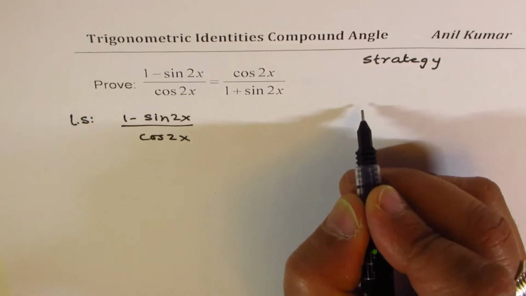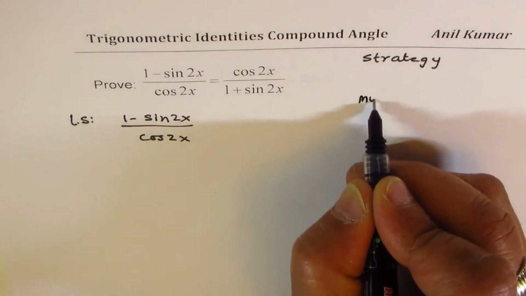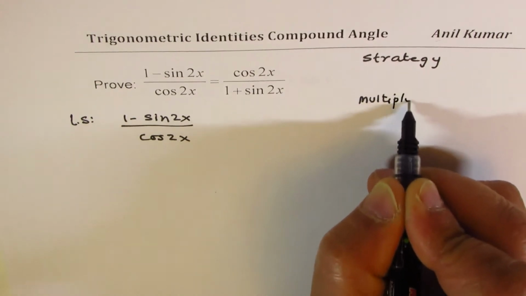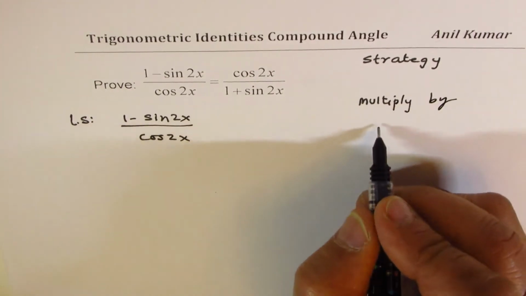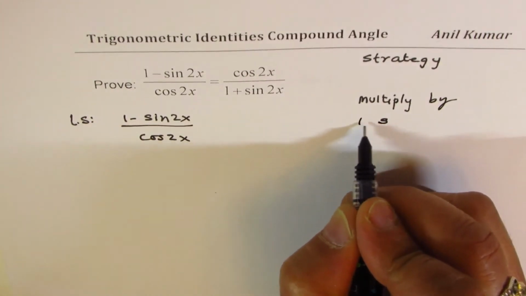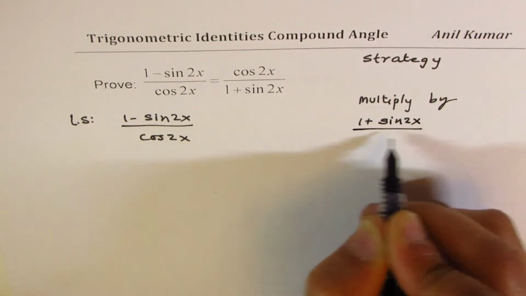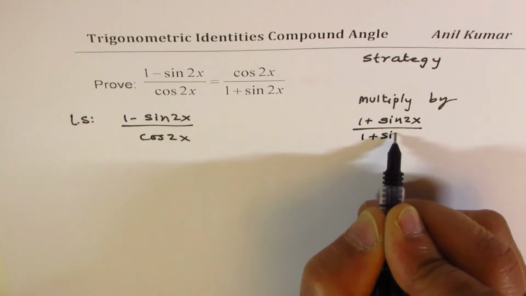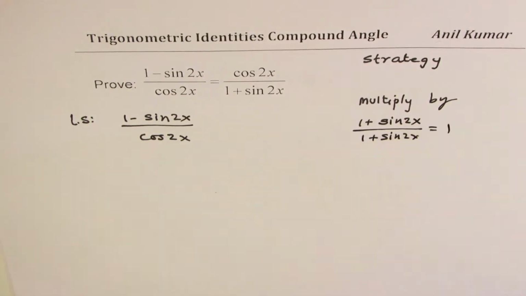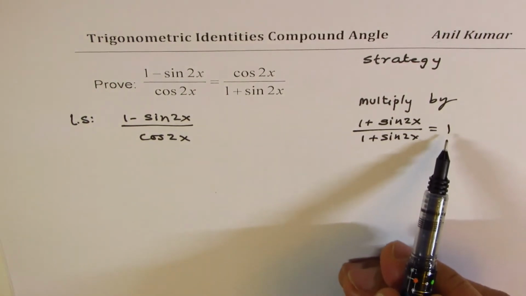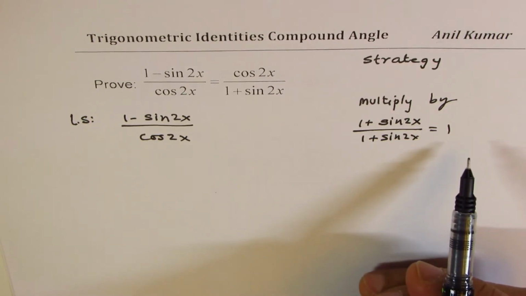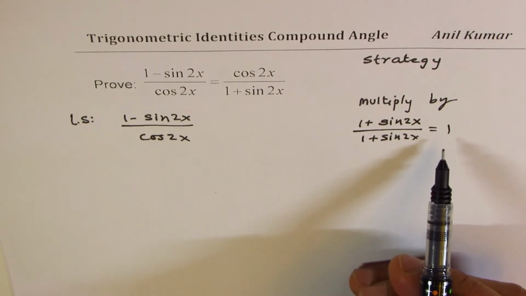So we multiply by a term which is (1 plus sine 2x) over (1 plus sine 2x). Now that is 1, correct? So if you multiply by 1, nothing changes. It remains the same thing.